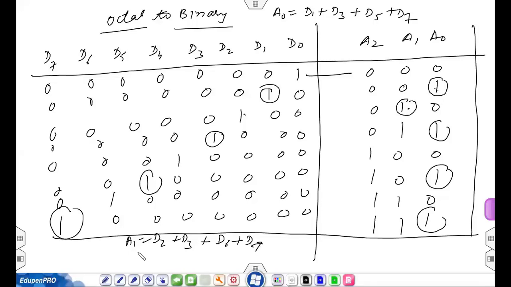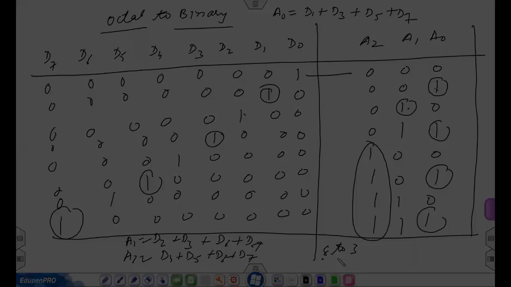Again, you have A2. A2 is 1 at this position, so you can write it as equivalent to D4 plus D5 plus D6 plus D7. After that, you can design the logic diagram. So this is about the octal to binary encoder, how you can design an 8 to 3 encoder.